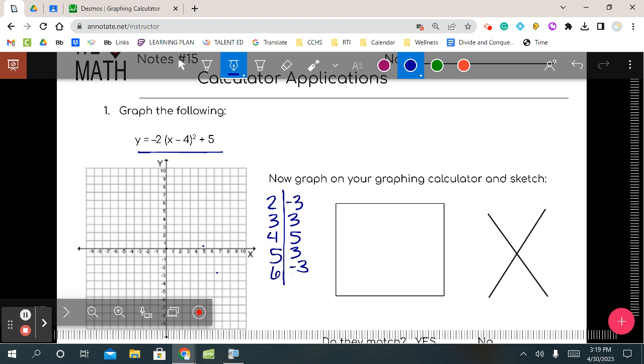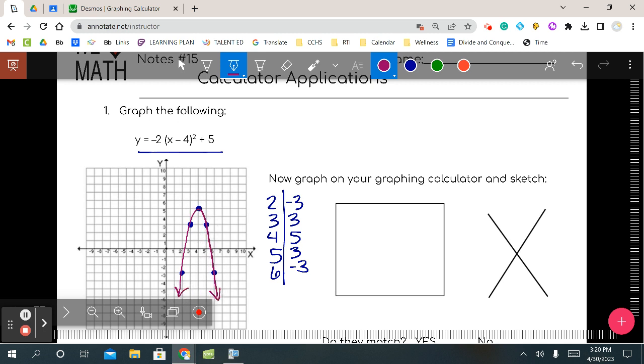Okay, so we're going to graph those points. 2, -3, 3, 3, 4, 5, 5, 3, and then 6, -3. Okay, so that is what our function looks like.